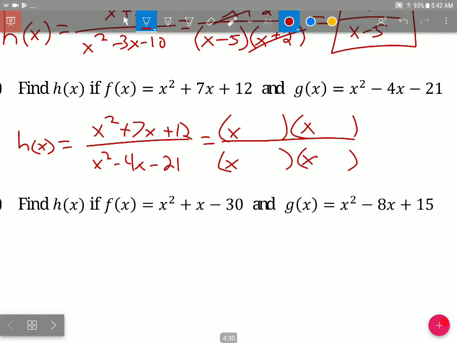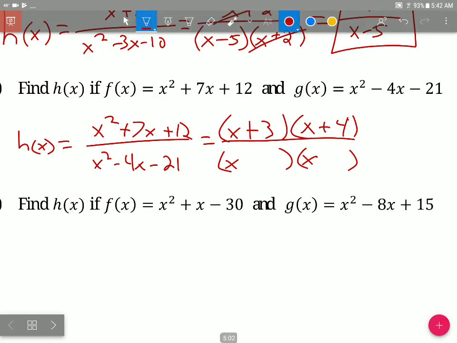We'll do the top one first. Two things that multiply to 12. Let's do 6 and 2. Everything is positive, so they've got to be positive. 6x and 2x add up to 8x, which is not the middle term. So let's try something else. Let's try 3 and 4. That's 3x and 4x, which add up to 7x. Yep, that's the middle term, so that's what I want.